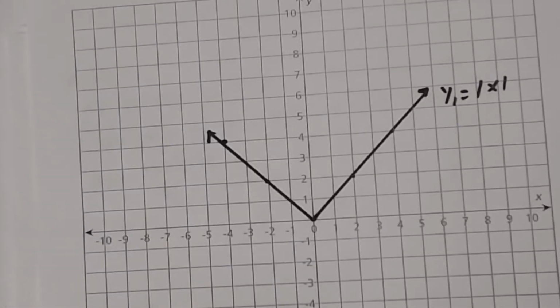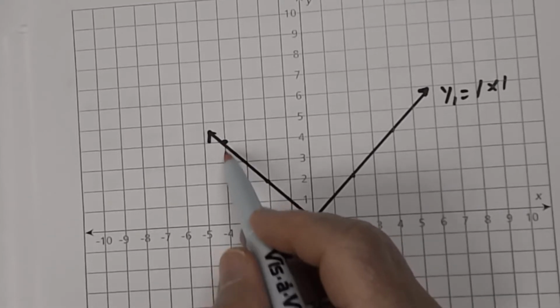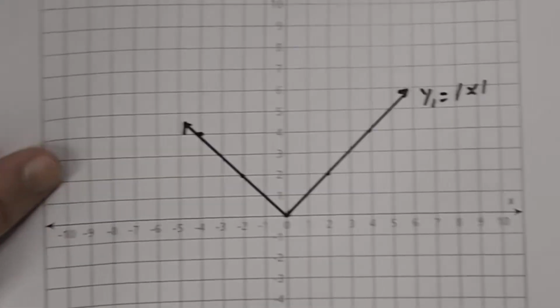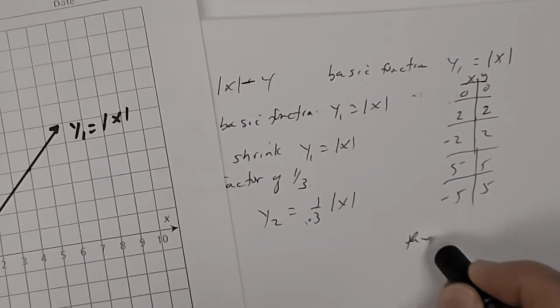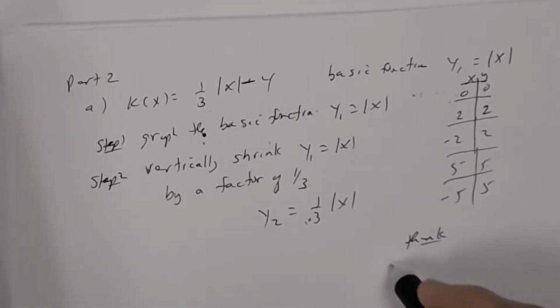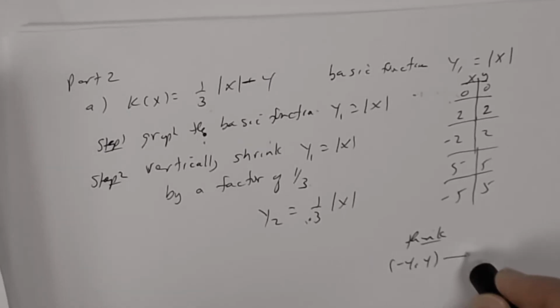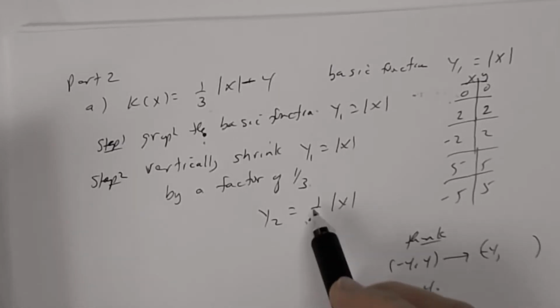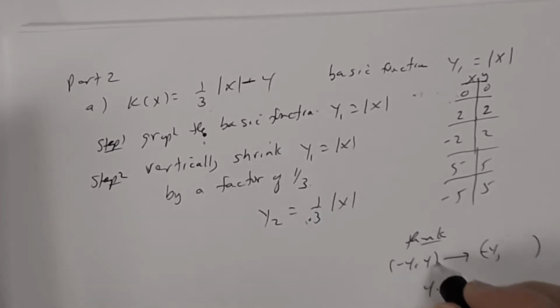So basically what we have to do here is see this point right here, that's negative 4, 4. So if you think about this, negative 4, 4 becomes what point? Well, the x value stays the same. I take the y value and I multiply by that factor. So multiply by a factor of 1/3.